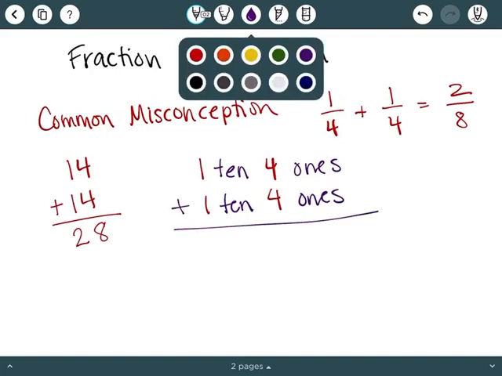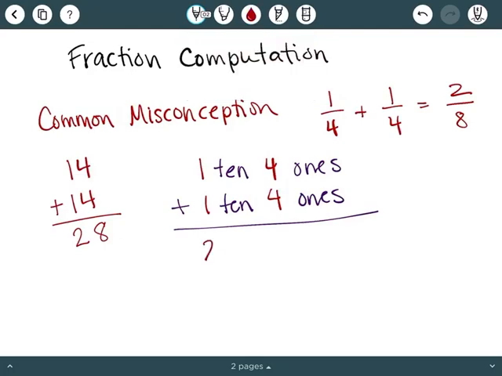And when I do it like that, if I think about it like this, then I get 2 tens and 8 ones. And when I combine those together, the ones plus the ones doesn't give me 2s, and the tens plus the tens doesn't give me 20s. Rather, because it's the unit, it stays the same.